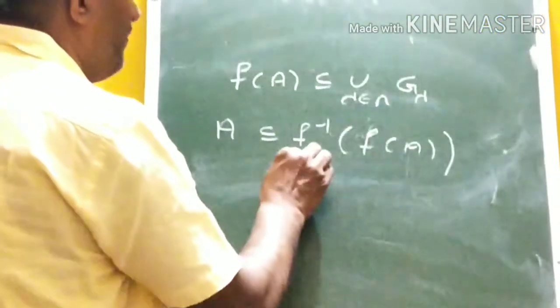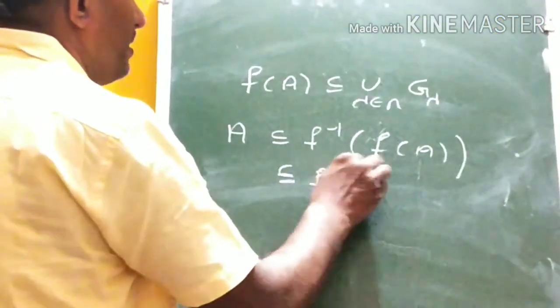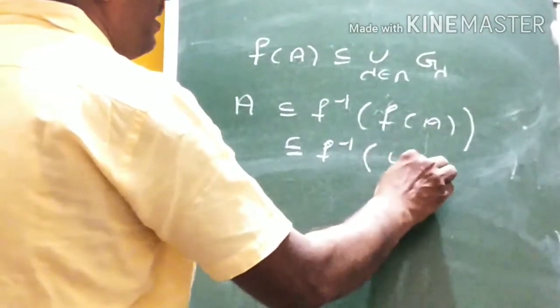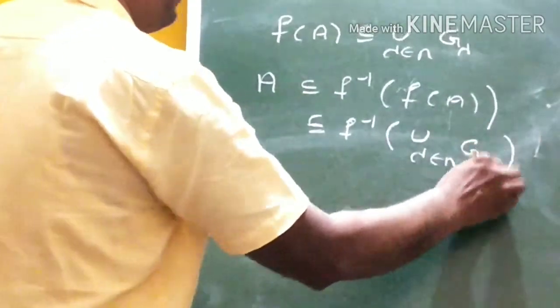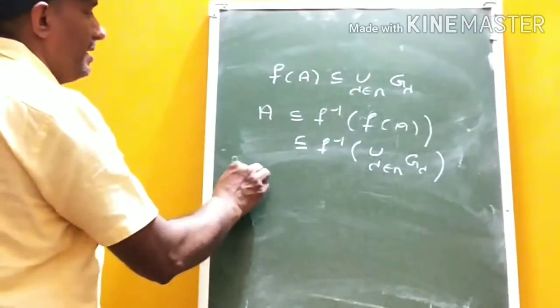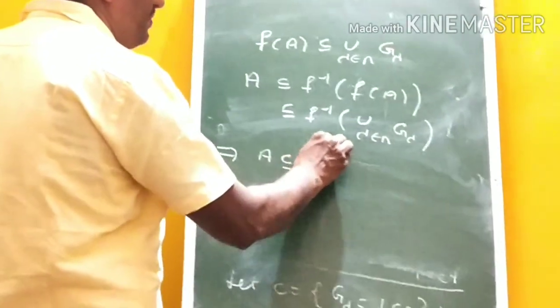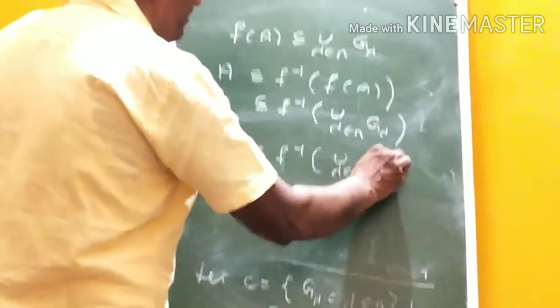So this is further contained in f inverse of union lambda belongs to gamma G lambda. This implies A is contained in f inverse of union lambda belongs to gamma G lambda.